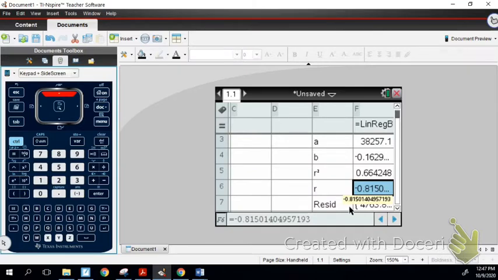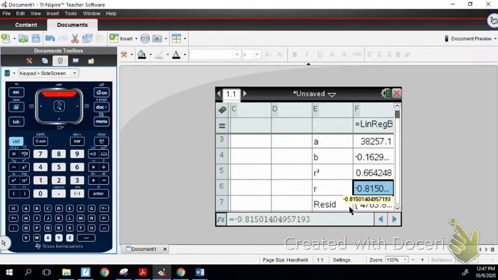So right now I'm highlighting correlation, negative 0.8150, and right above it we have R squared. We haven't gotten to that yet. We'll talk about that soon. At the top we have A, that's our y-intercept, and then we have B, that's our slope, negative 0.1629.